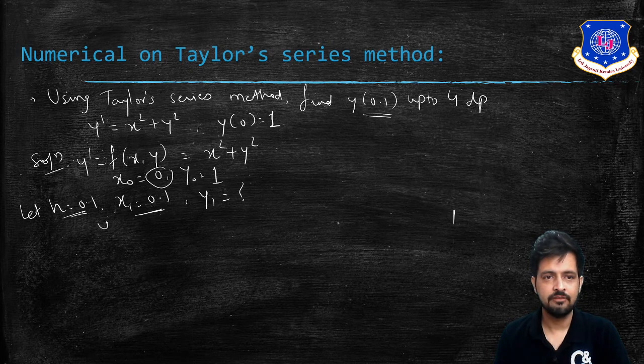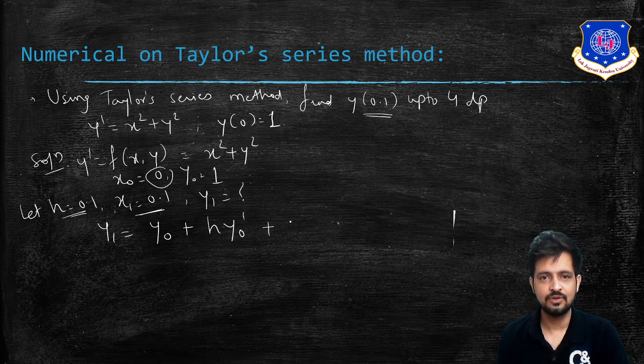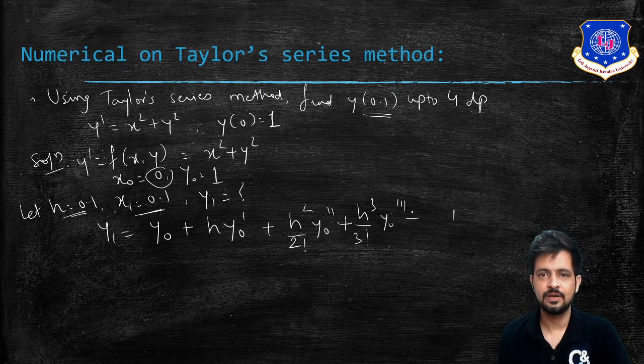If we remember, using Taylor series method, y1 can be written as y0 plus h y0 dash plus h square by 2 factorial y0 double dash plus h cube by 3 factorial y0 triple dash plus h raised to 4 by 4 factorial y0 fourth derivative and so on.